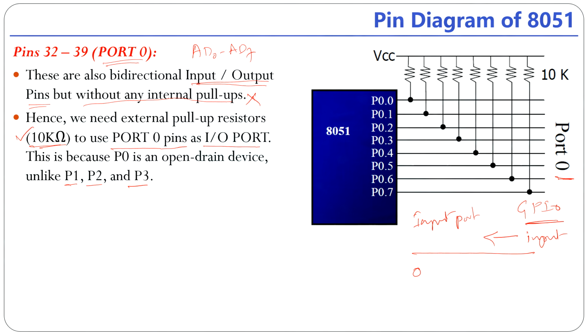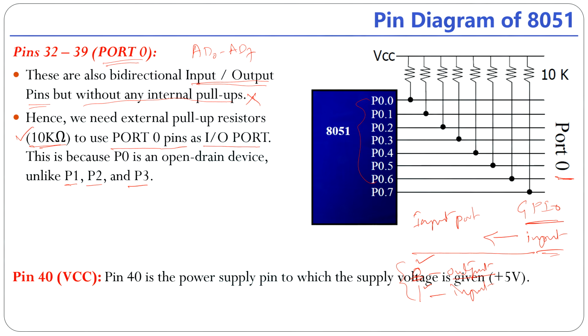In that case, simply write logic 0 to program any one line of this port as output. If you want to reconfigure it as input again, write logic 1. So to make any port line an output, write logic 0; to configure any port line as input, write logic 1. But by default it acts as an input port only.